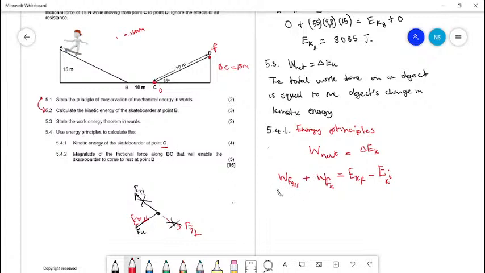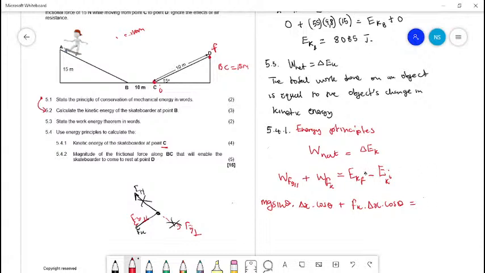Our work by Fg parallel is given by mg sine of theta, which is the force, times change in x, which is the displacement, times cos of theta, plus f of k times change in x times cos of theta equals Ek final.